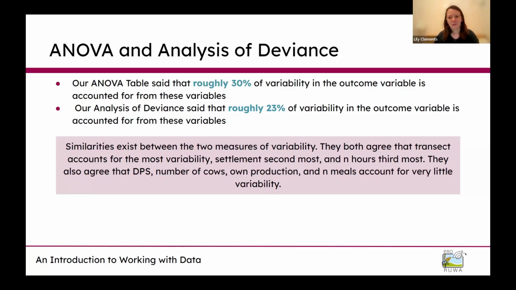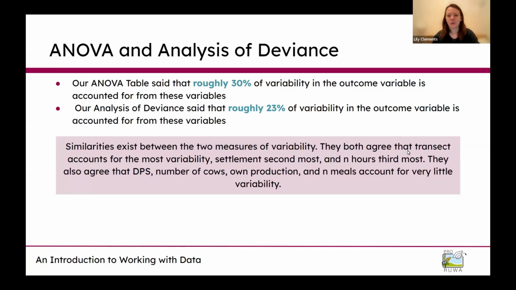So there are some similarities between these two measures of variability, and that's all these are. ANOVA and analysis of deviance are just different measures of variability. Both agree that transect accounts for the most variability, settlement the second most, and N-hours the third most. They also agree that DPS, number of cows, own production, and N-mills account for very little variability.